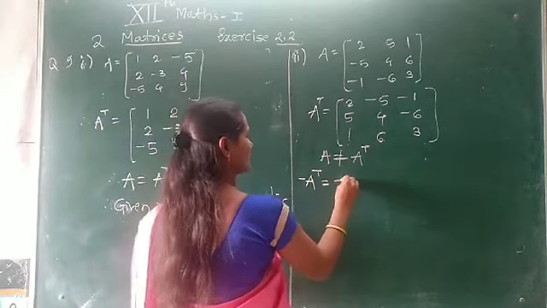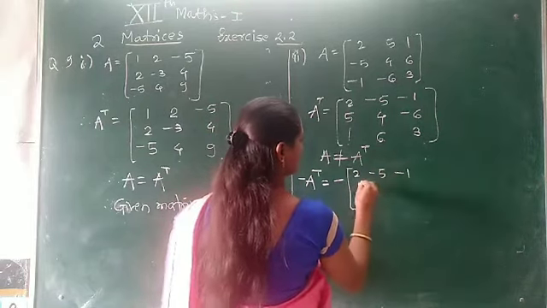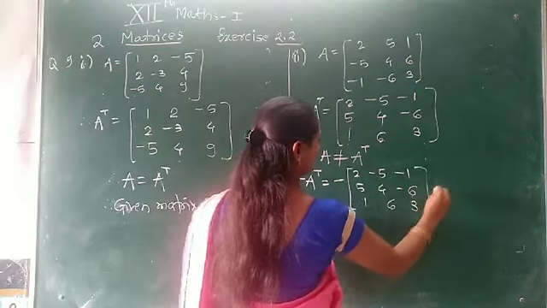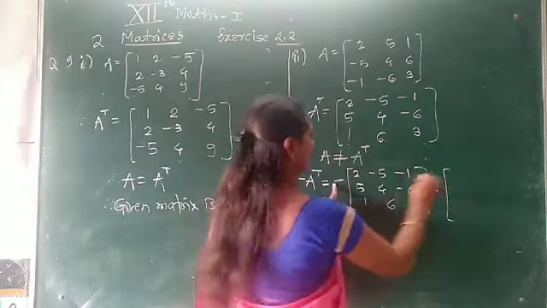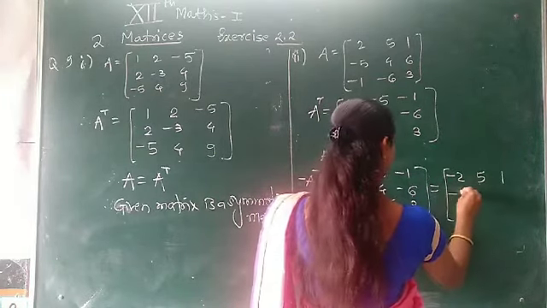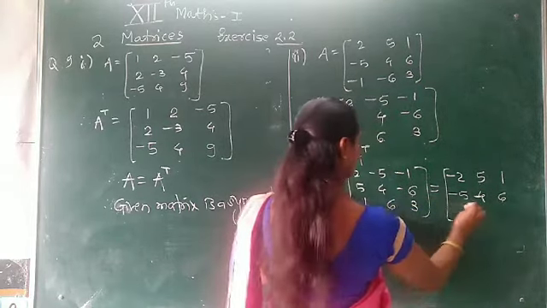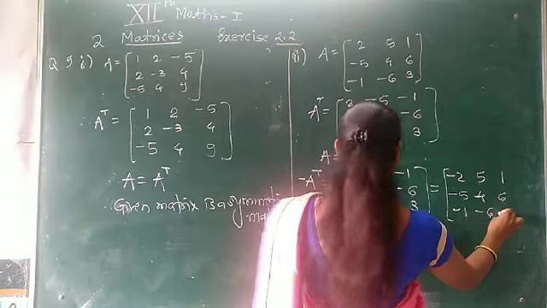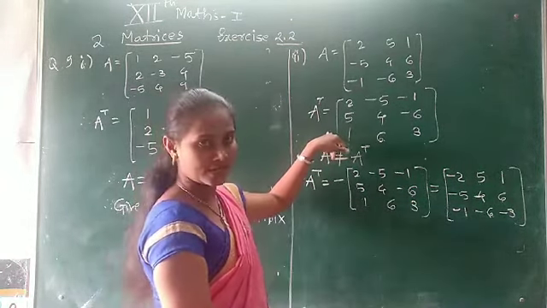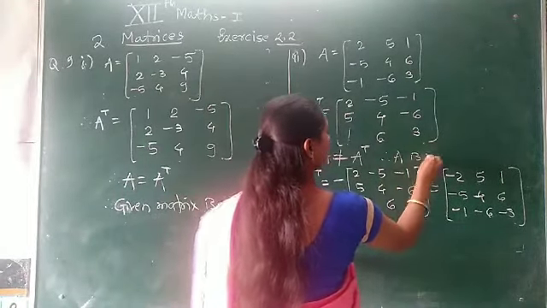Minus A transpose is 2, minus 5, minus 1, 5, 4, minus 6 and 1, 6, 3, which is equal to minus 2, plus 5, plus 1, minus 5, minus 4, plus 6, minus 1, minus 6 and minus 3. Here A is not equal to A transpose, therefore it is not a symmetric matrix.